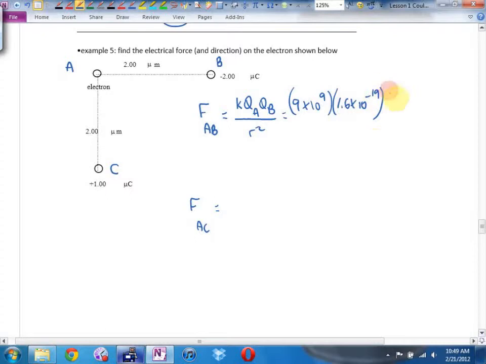The charge on B is 2 microcoulombs divided by the distance, 2 micrometers, squared. What is the force between A and B?